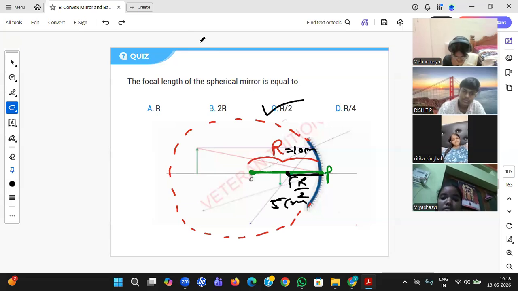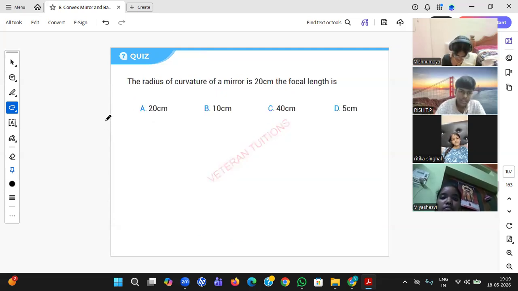Right answer, Ridhima. Half of the radius of curvature is nothing but focus. Focal length we need to say. Focal length is nothing but half of the radius of curvature.